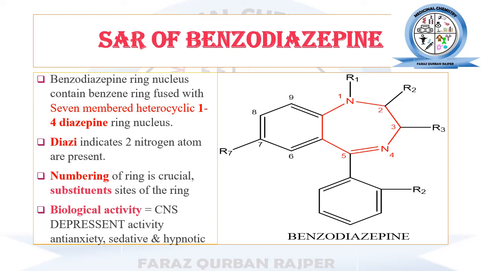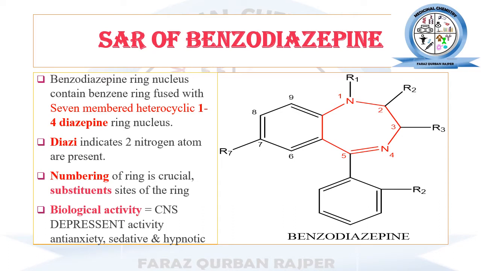To understand the relationship between the chemical structure and the biological action of benzodiazepine, first of all, it is necessary to understand the chemical structure of benzodiazepine. We have already discussed the chemical structure of different benzodiazepine in our previous video lecture. So here we will take a general overview.